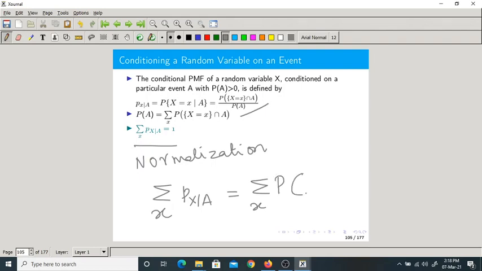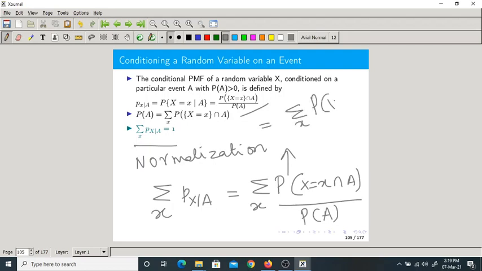P of X equals x intersection A, divided by P of A. So you can take P of A outside the summation because it is independent of x. Now that equals the summation over x of P of X equals x intersection A, divided by P of A. What is the numerator? The numerator sums to P of A. So you will get 1.